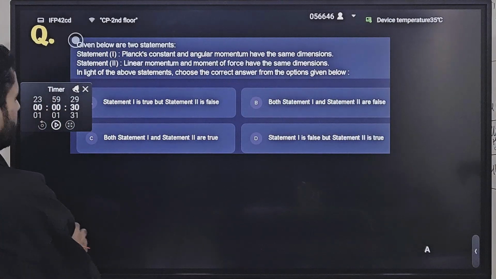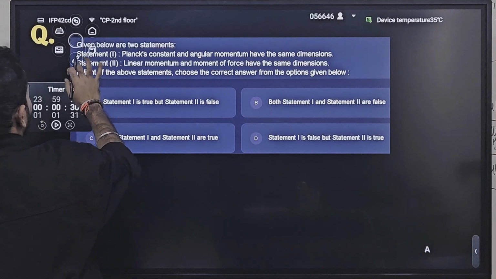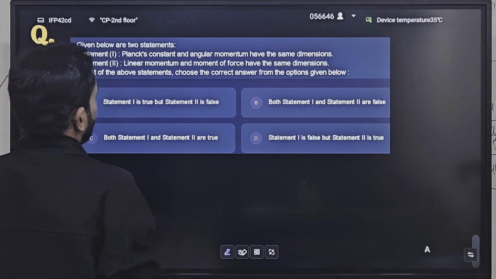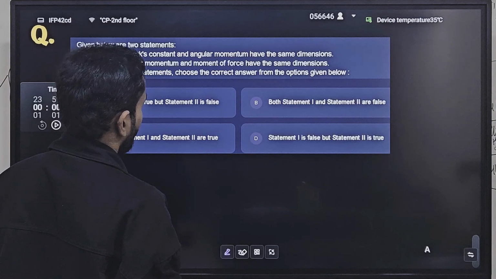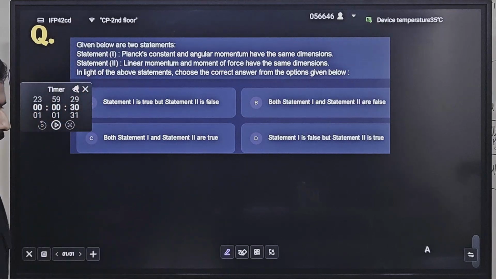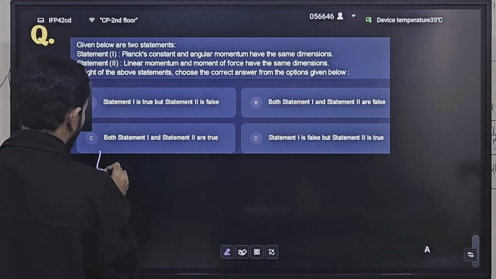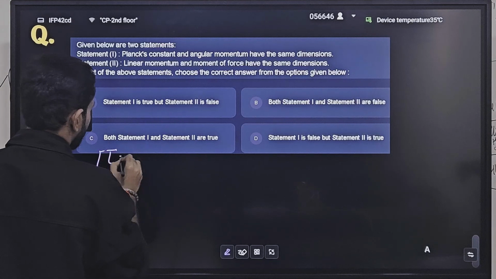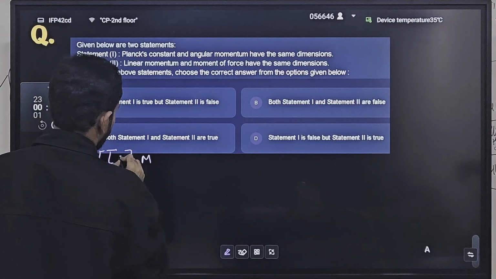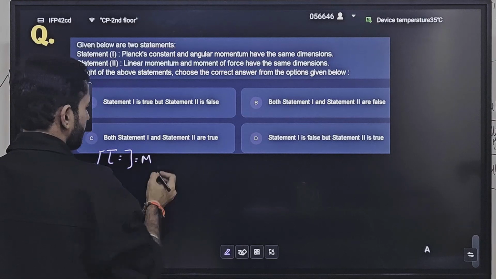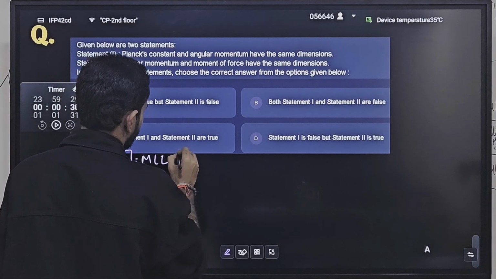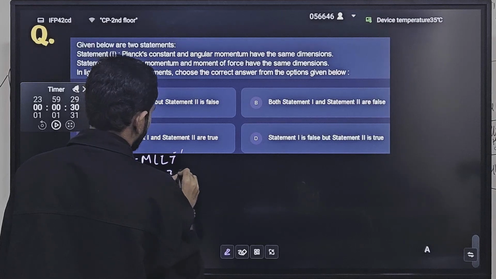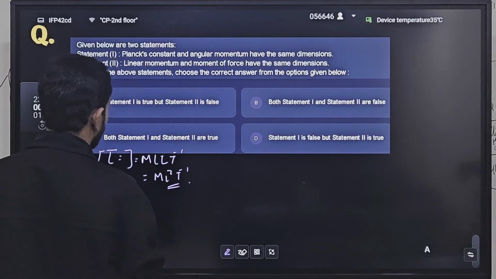Let's see which options are correct. Statement 1 is saying Planck's constant and angular momentum have the same dimensions. What is the dimension for angular momentum? If you don't remember, we can simply calculate: M into R into V, that is L into V, L T minus 1, so M L square T minus 1. This is the angular momentum.